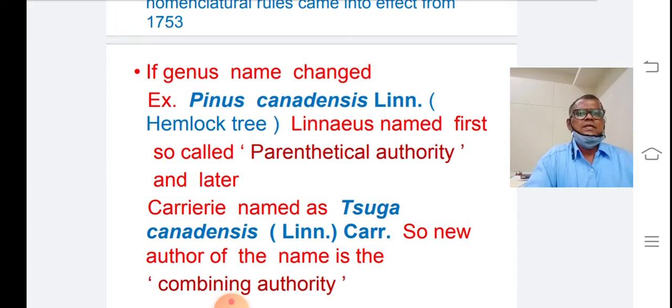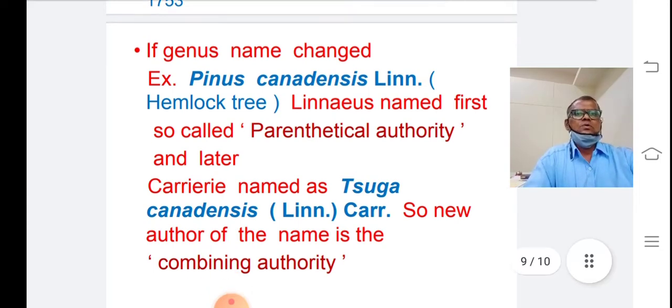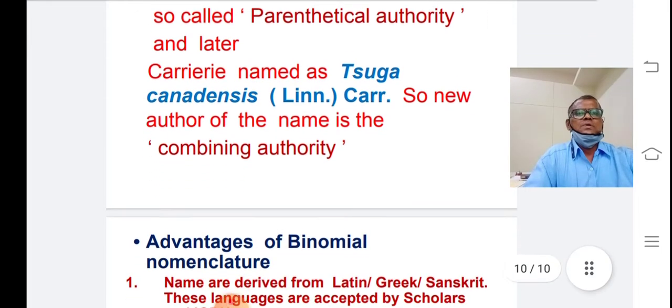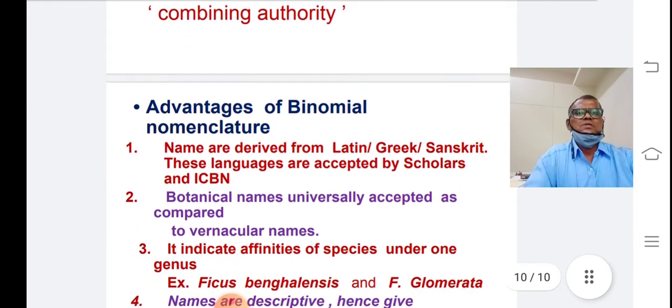So it is written with the name of Linnaeus in brackets and outside the bracket Carr. Carr means the scientist Carriere, right? The new author of the name is called the combining authority, and the first authority name is called the parenthetical authority. So please keep this process in mind.